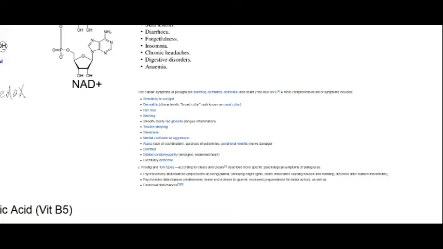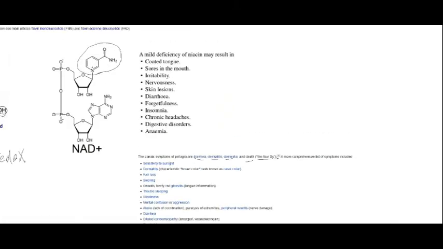They call these the 4Ds: diarrhea, dermatitis, dementia, and death. So if you have a large deficiency in vitamin B3, you can end up with these different symptoms, and it can eventually lead to death.